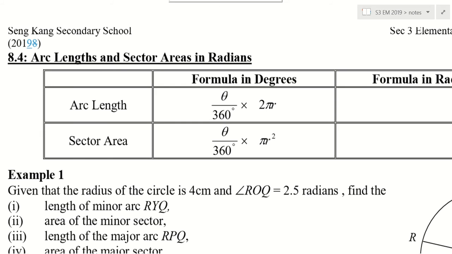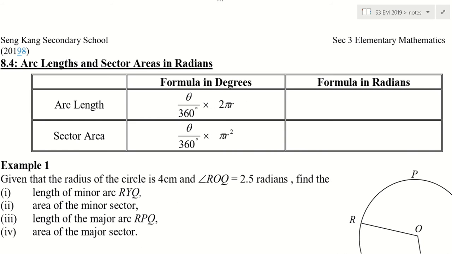Let's look at this table now. Okay, there's good news here. Let's finish it. Now, over here, let me write something. Write two sentences. If 180 degree is equal to pi radian, what is 360 degree? 2 pi radian. Now I want to do a replacement. 360 degree is here.